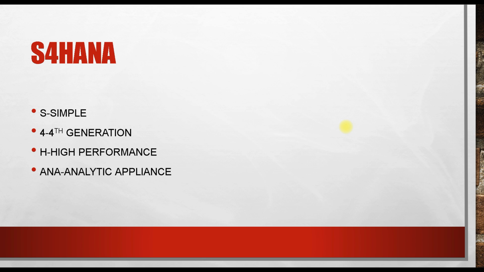Here, if we go letter by letter, S stands for simple. Before, the database was complex, so right now we call it a simple version. 4 means the fourth generation, H means high performance, and ANA means analytical appliances.